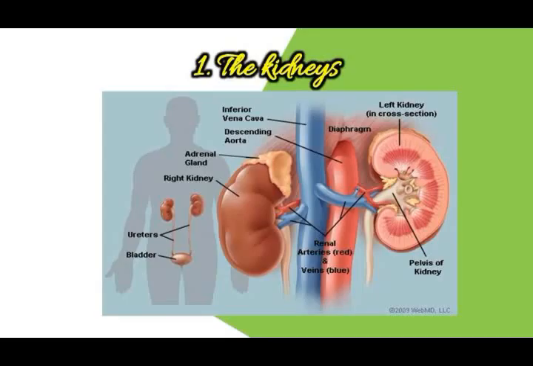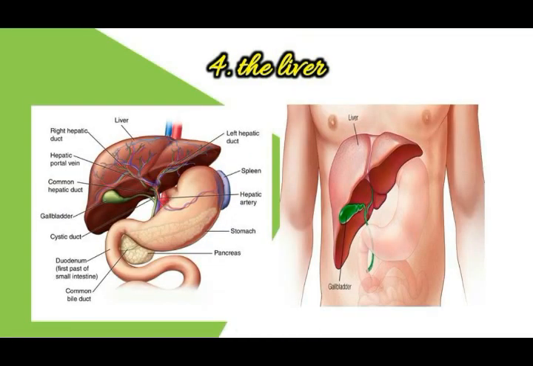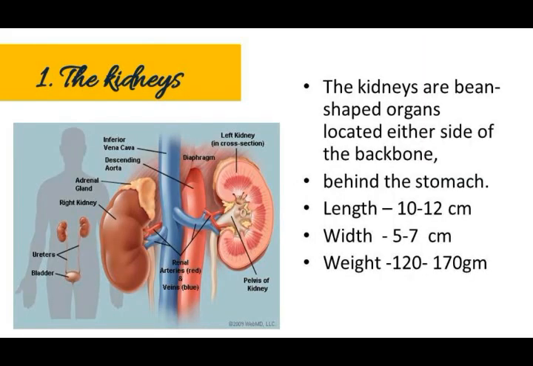First one kidney, second one lungs, third one skin and fourth one liver. The kidneys are the body's main excretory organs and are a part of the renal system. Renal means urinary system. The kidneys are bean-shaped organs located on either side of the backbone beneath the stomach.